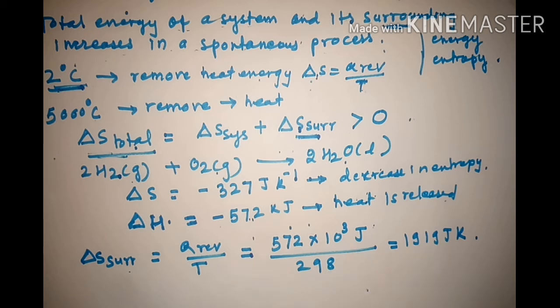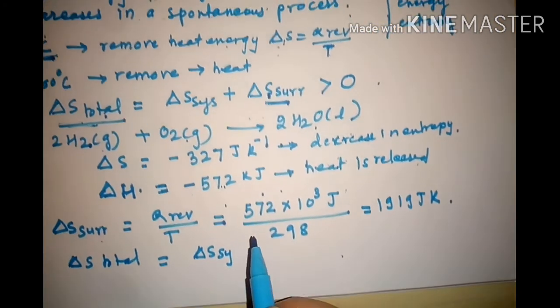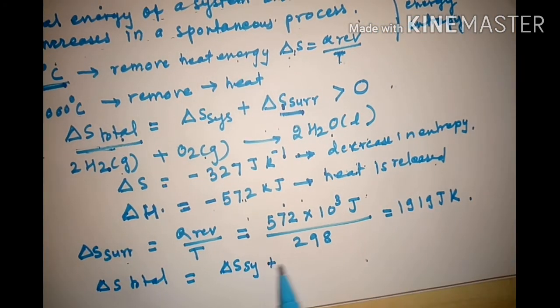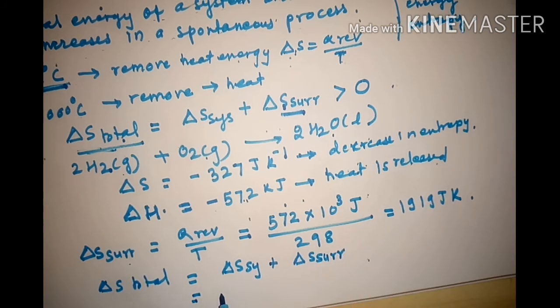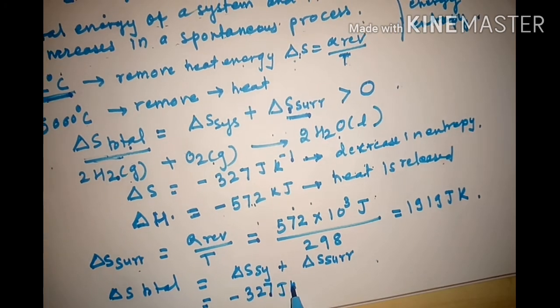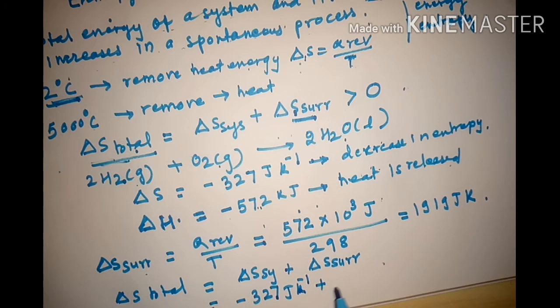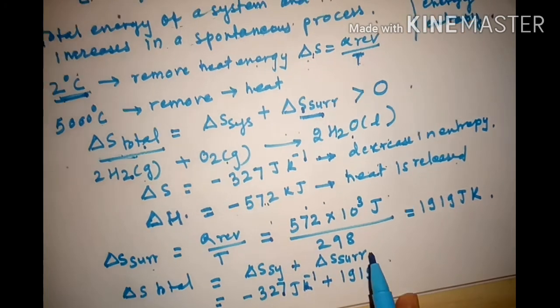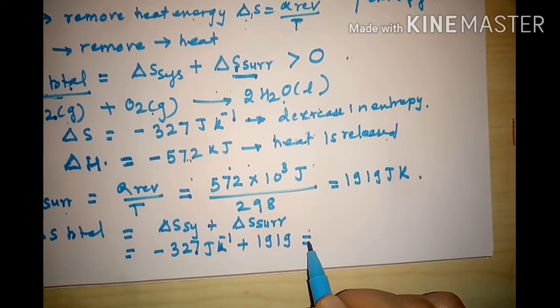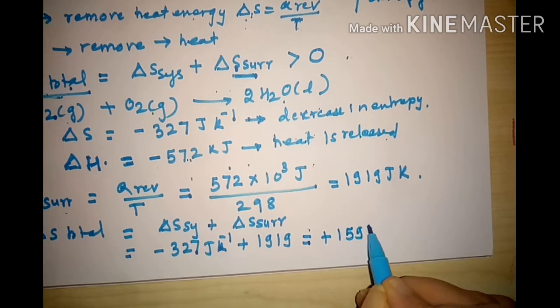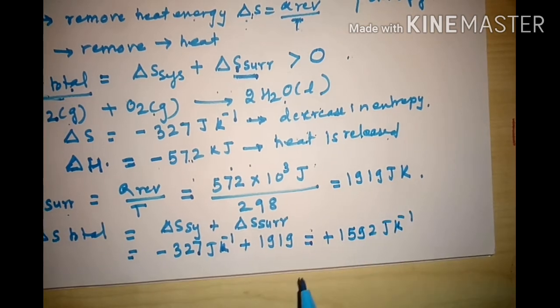Now when you want to find the delta S total, that will be delta S system plus delta S surrounding. So it would be minus 327 joules per Kelvin plus 1919, so it comes out to be plus 1592 joules per Kelvin.